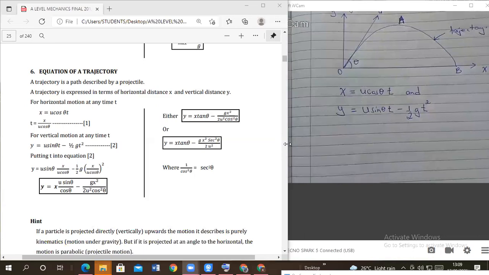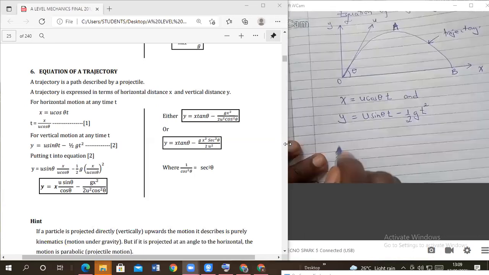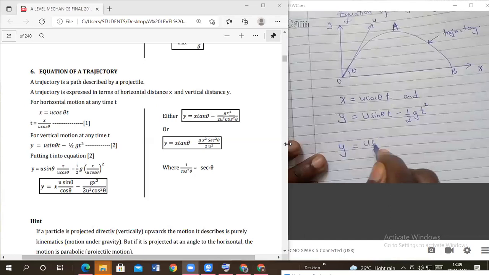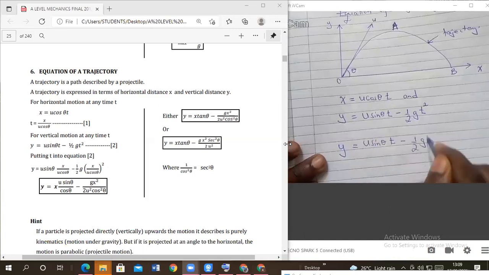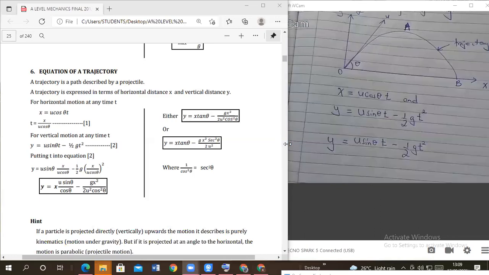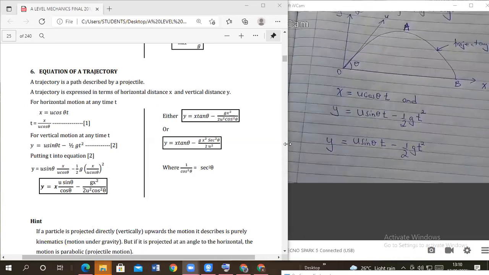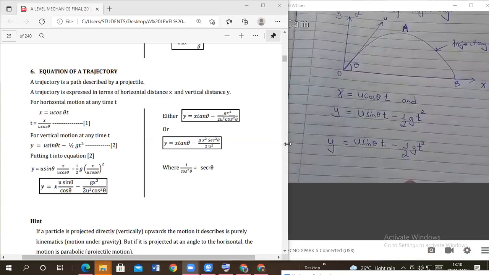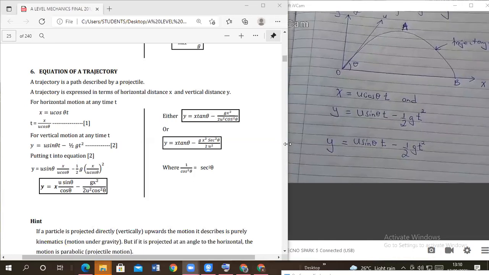So we shall have y equals u sine theta t minus a half g t squared. Because I want to express both of them in one equation, I have to find a way of removing t so that both x and y are involved.